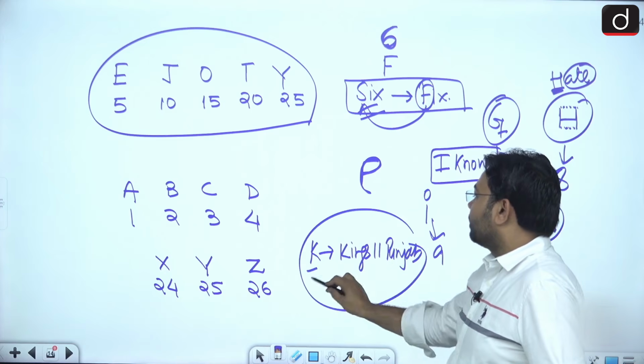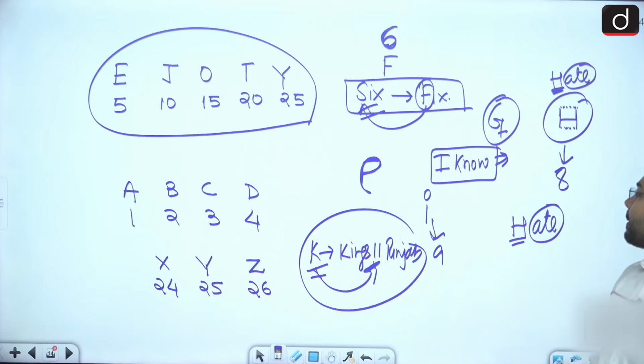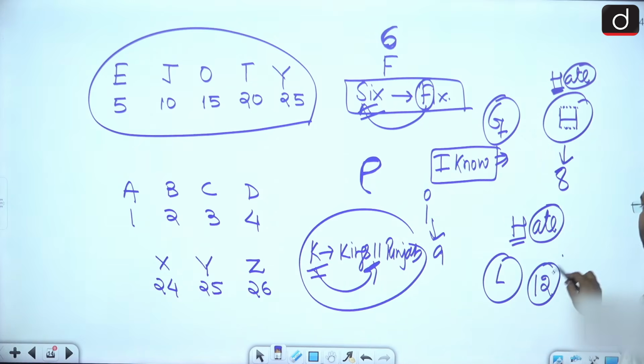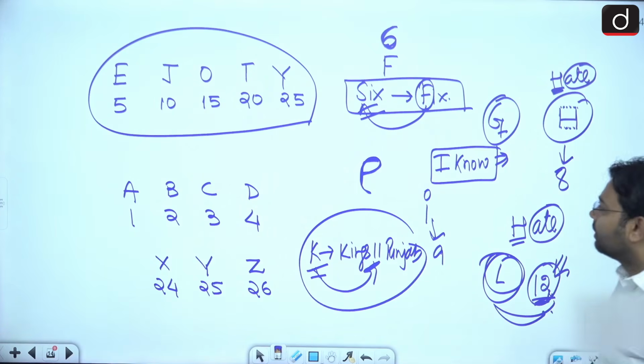So K is on 11. Then L. Read this 2 to 3 times. This sounds like 12. Repeat 2 to 3 times. What will you hear the most in 12? Say it again. Got it? So L is on 12.